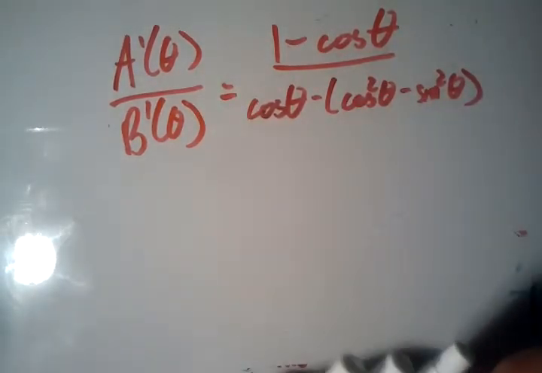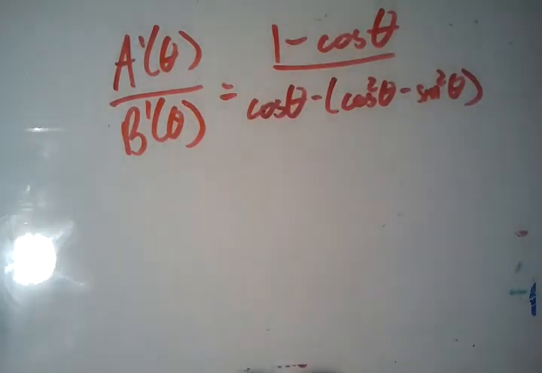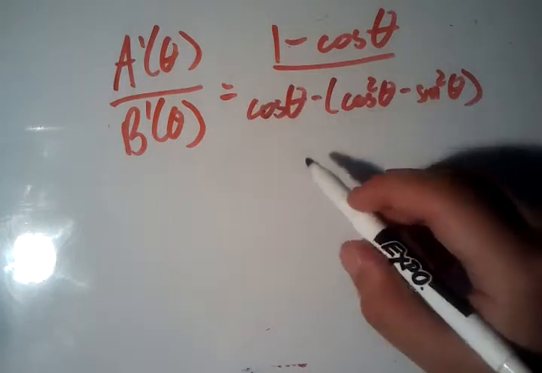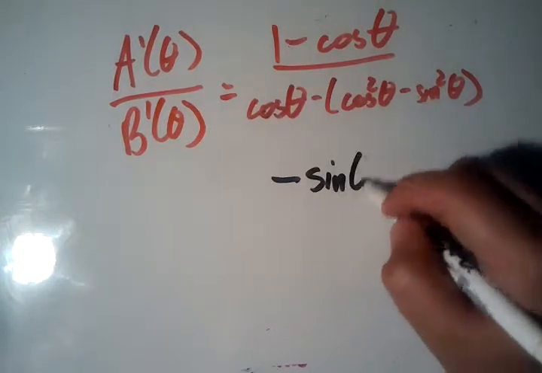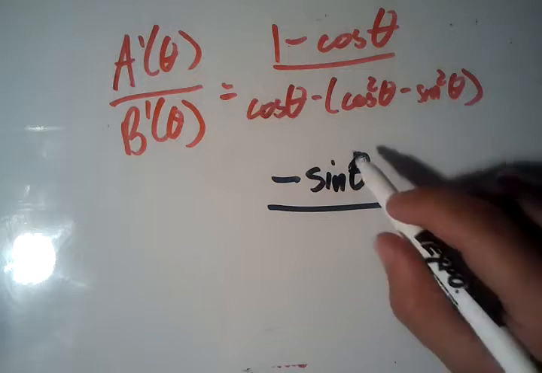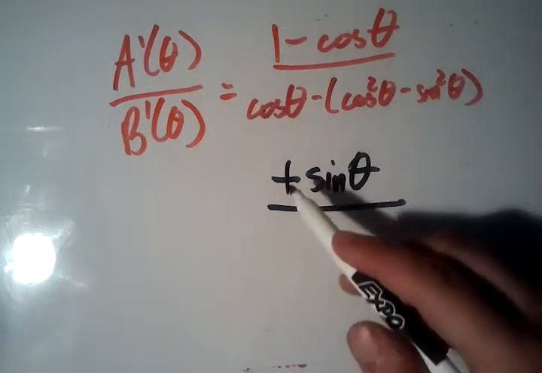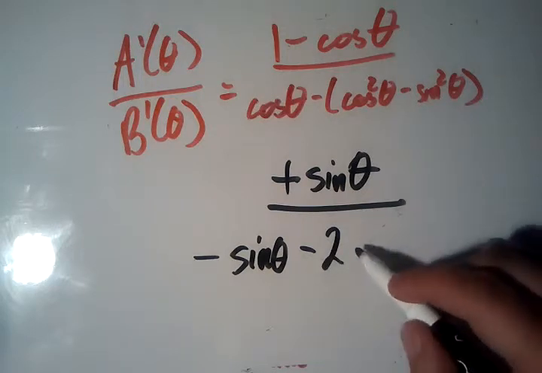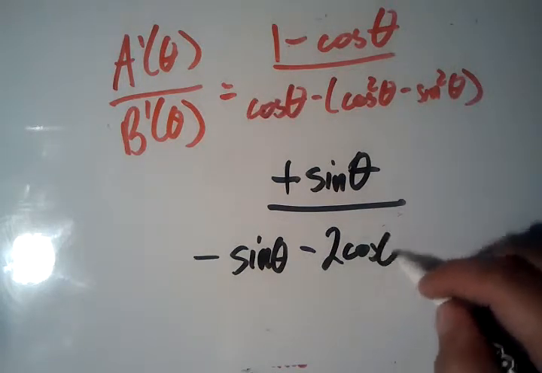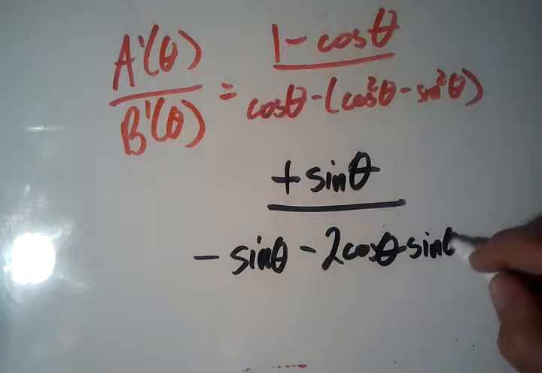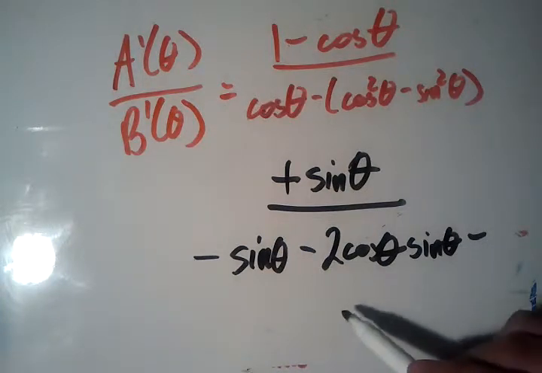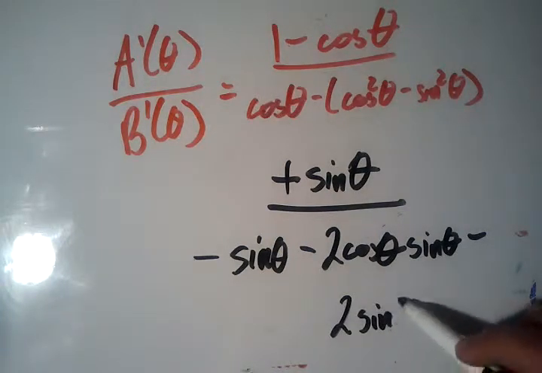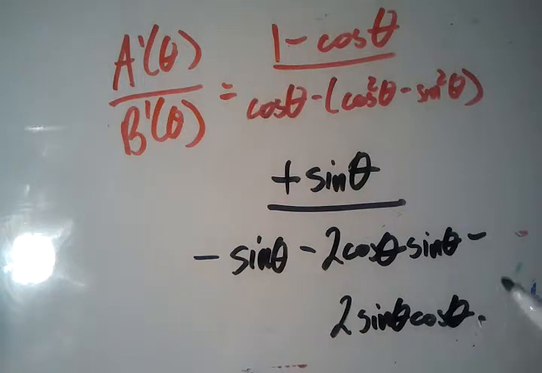So we are allowed to use L'Hopital's rule once again to try to help us. If we do that once again, we're going to get positive sine of theta over negative sine of theta minus 2 cosine theta sine theta minus another 2 sine theta cosine theta.